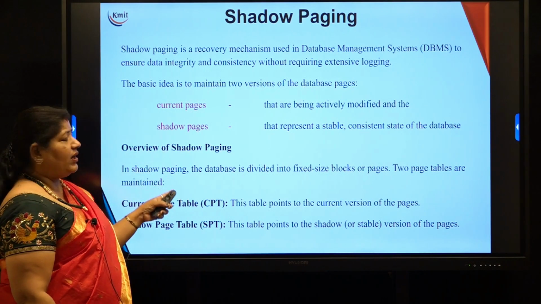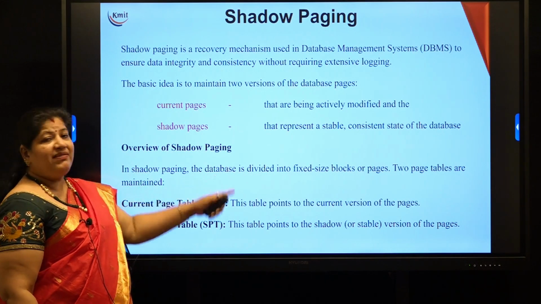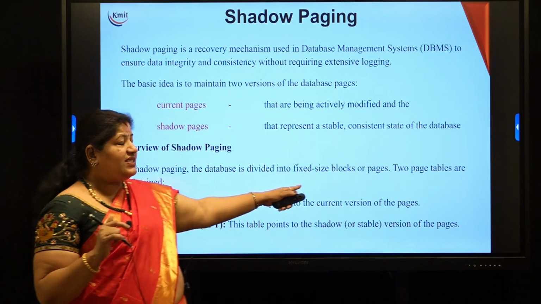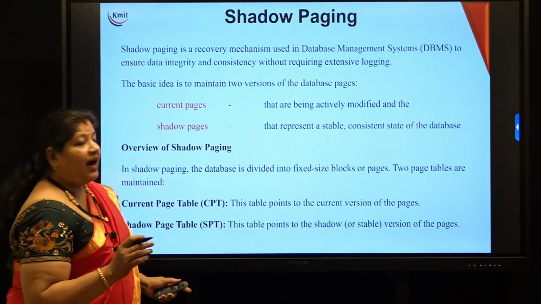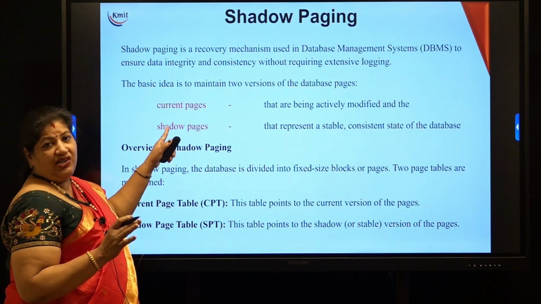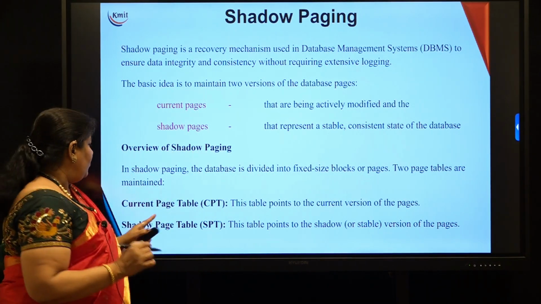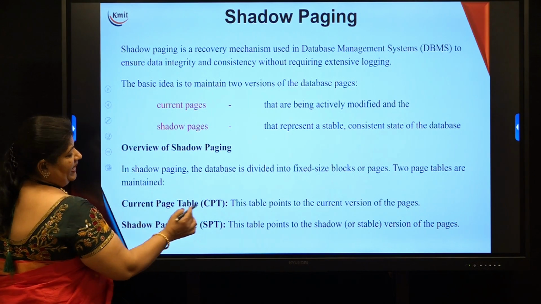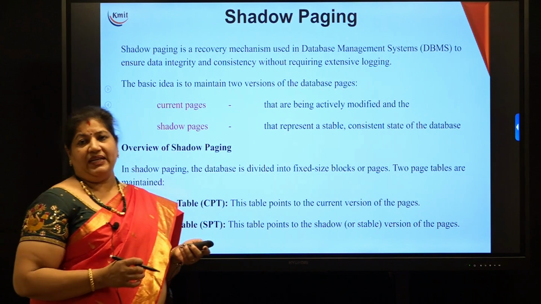How does the working go? In shadow paging, the database is divided into fixed size blocks or pages, called the current and shadow pages. It maintains two page tables also, called the current page table (CPT) and the shadow page table (SPT).